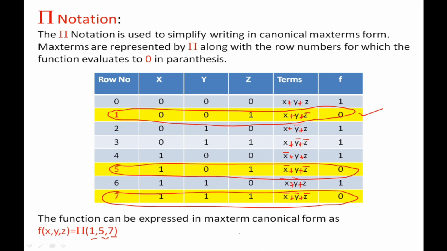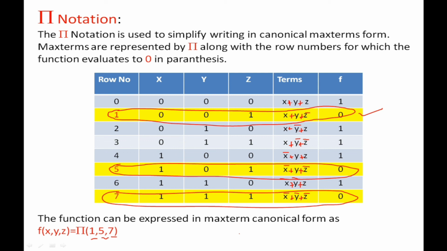Hope you have understood how to represent the minterm and the maxterm from the given truth table. Minterms are the sum of product form, while the maxterms are the product of sum form. Minterms where the function is evaluated to 1 will be a part of my function, and we call such a function a canonical minterm form function.